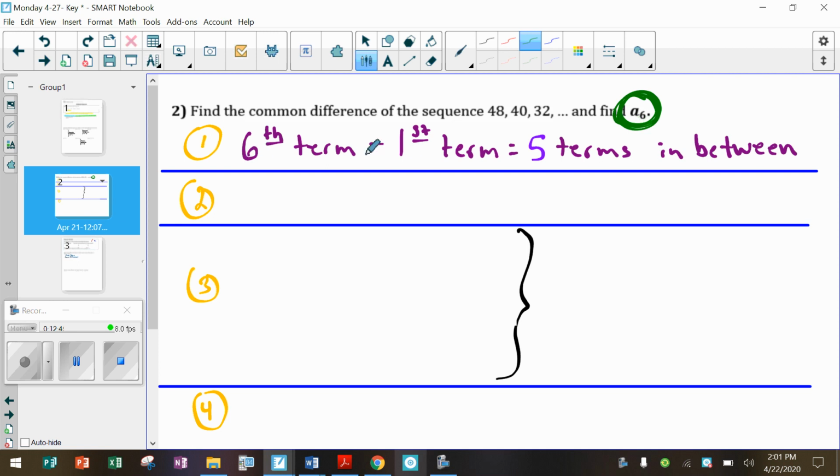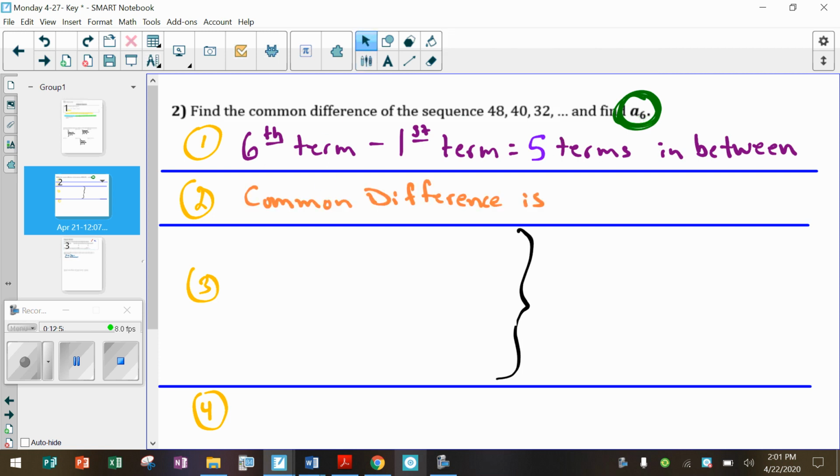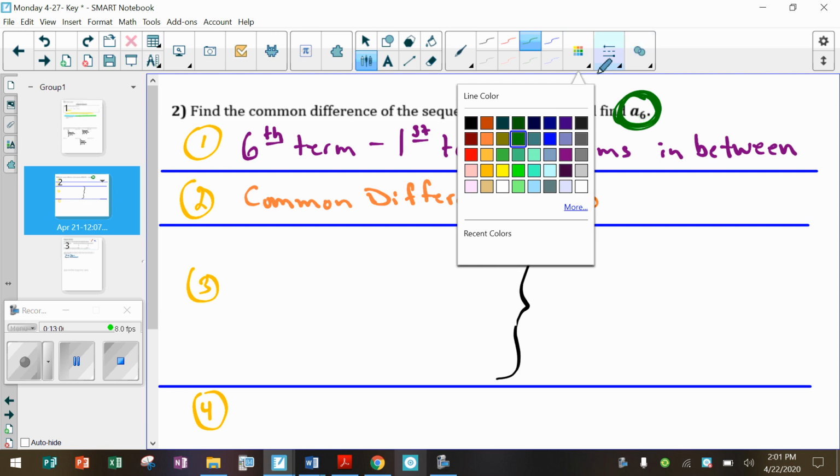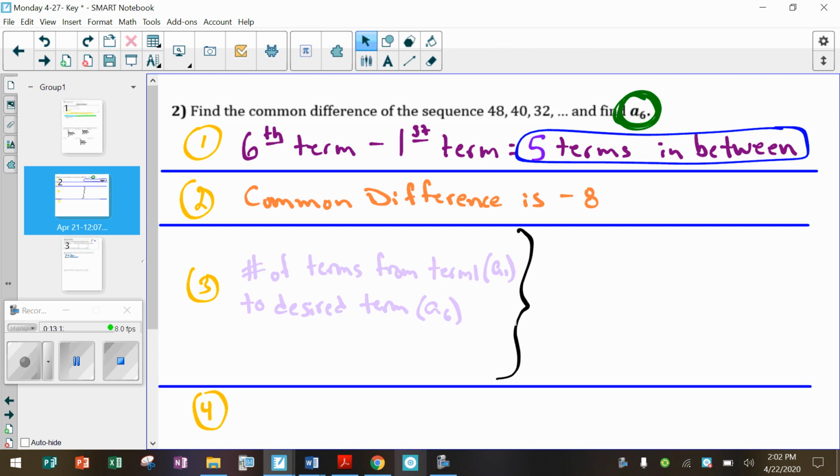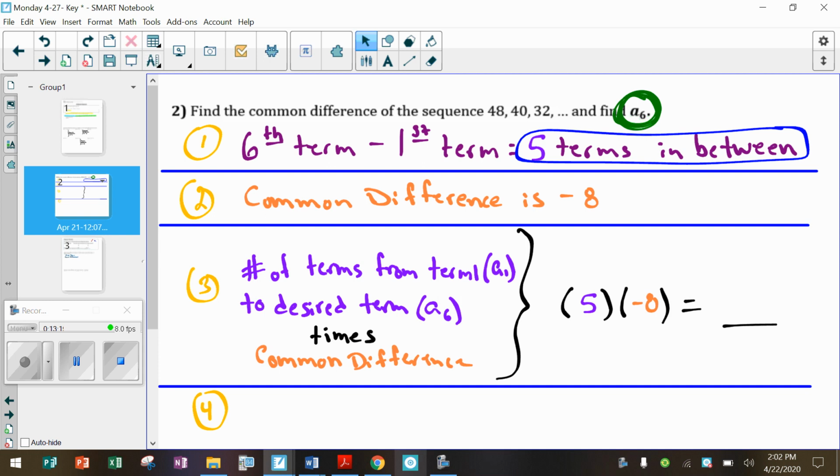From the first term to the sixth term, that's 5 terms in between. We already figured out the common difference is negative 8. So we take the number of terms in between where we start and what we're looking for, and multiply it times the common difference.